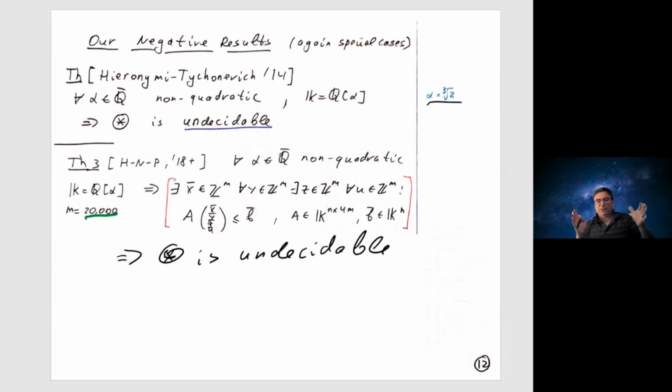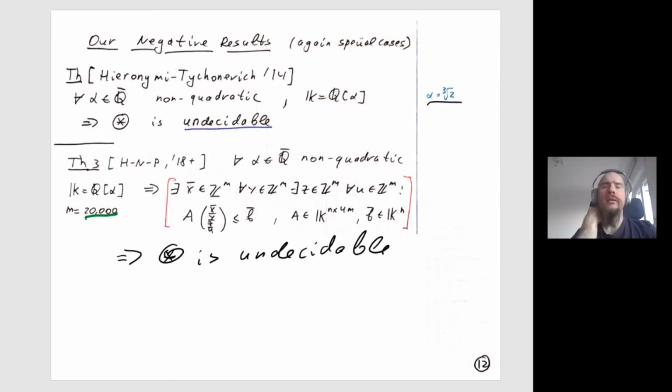We embedded this funny Pressburger fragment, Pressburger with this multiplication by alpha, into something that's undecidable. That's our result.